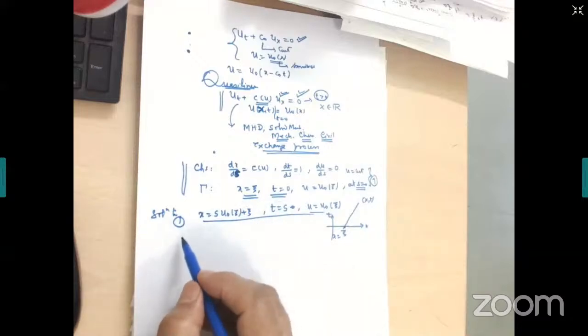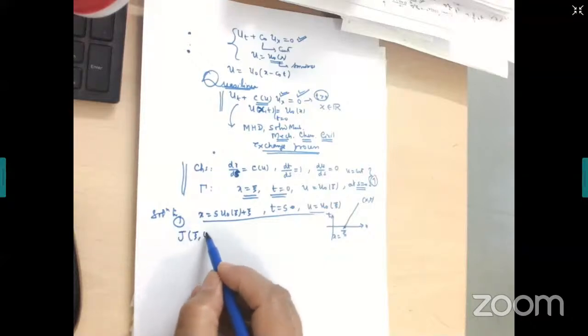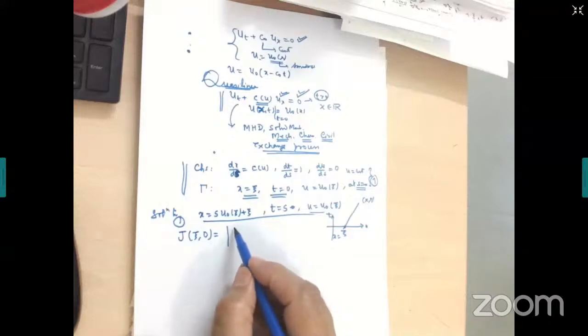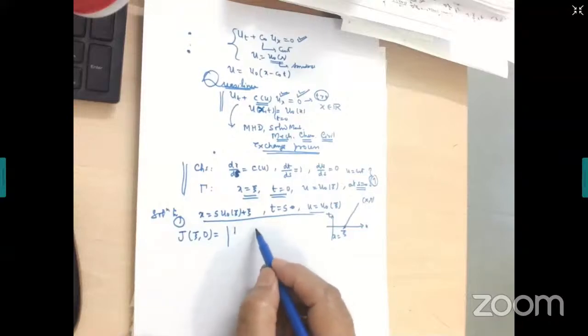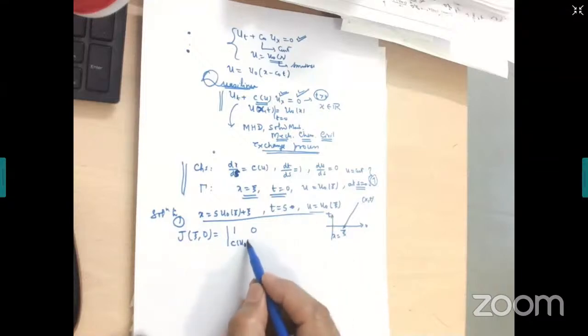What is the Jacobian now? Can you tell me quickly? The Jacobian of the transformation: dx/d xi is 1, dt/d xi is 0. What is dx/ds? c of u, c of u naught xi, since u is u naught xi.